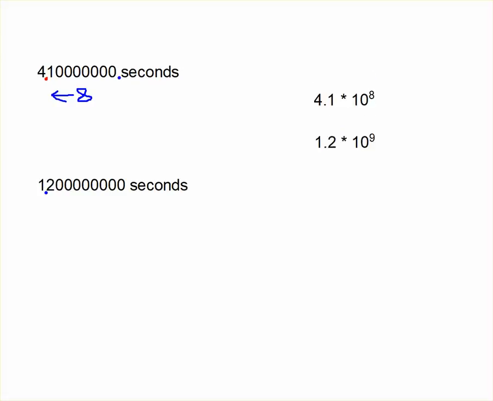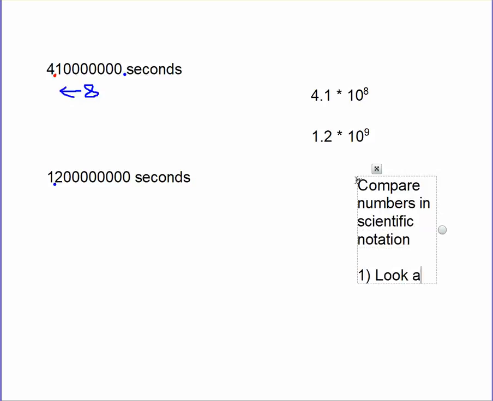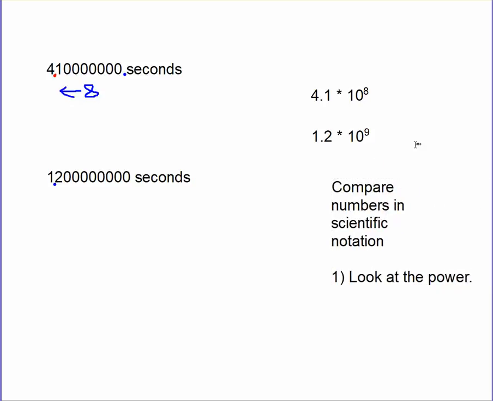So we're comparing numbers. If we compare numbers in scientific notation, priority number one is to look at the power, right? So obviously if one of the scientific notation numbers has a higher power than the other, then that certainly is greater, right?